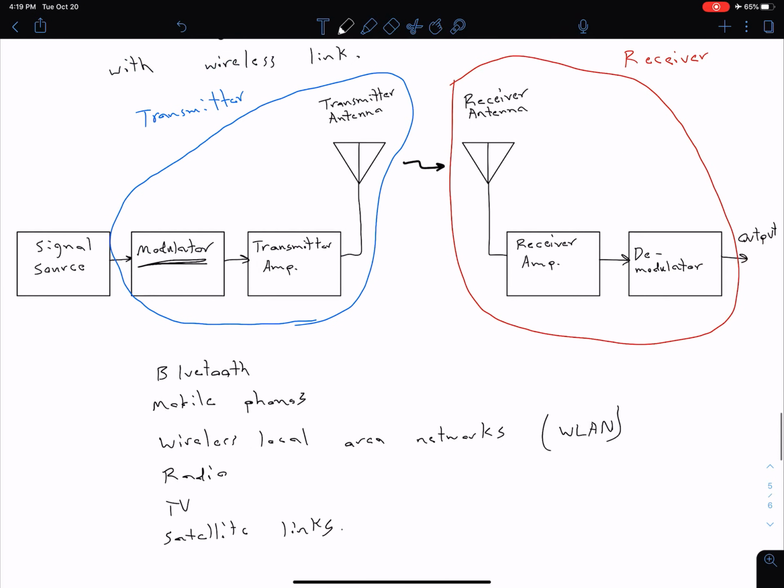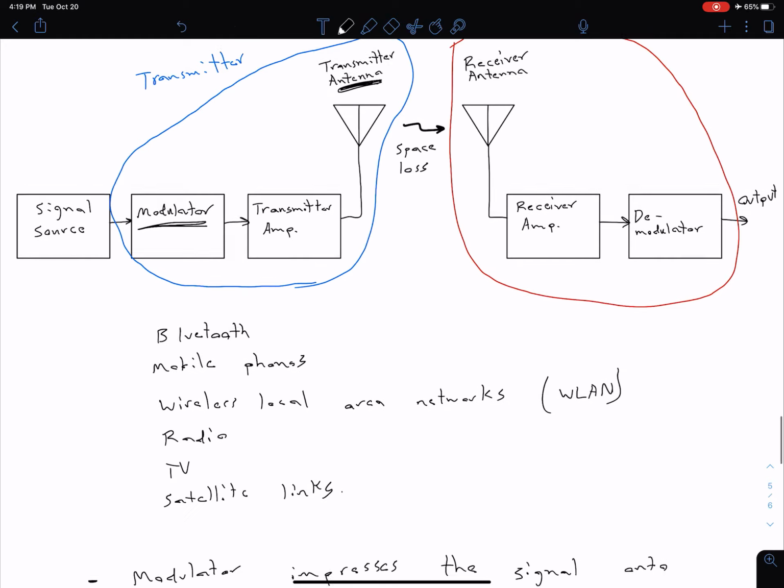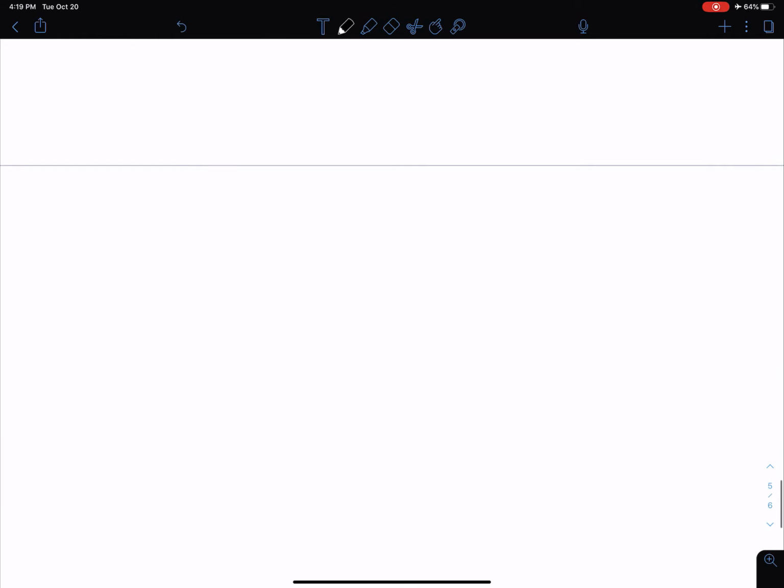Once we get to this spot, our transmitter antenna is sending this signal to our receiver antenna, but this is happening over free space. So in this medium in between, we have some space loss. We're losing energy as we're transmitting here. For that reason, the power at our transmitter is going to be much larger than the power at our receiving antenna.